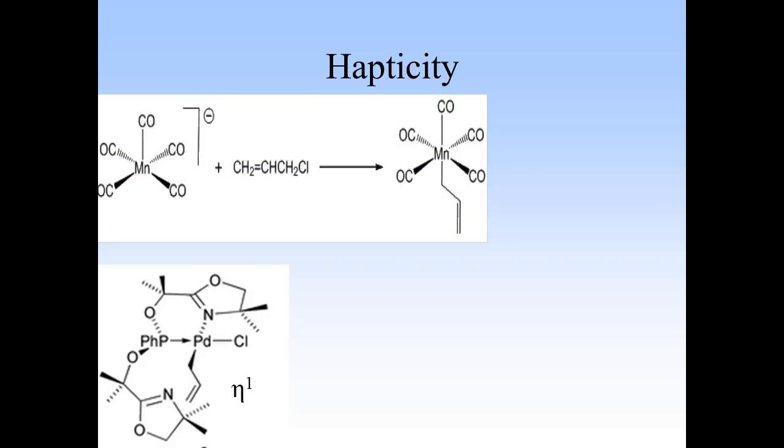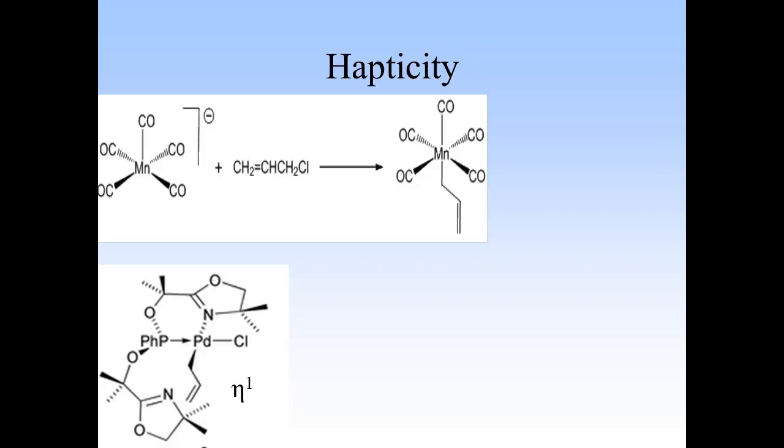So 4 different atoms. As per our definition, hapticity means the number of carbon atoms of an organic moiety linked with the metal. Therefore, in this compound, palladium is bonded with only one carbon of the organic moiety. Therefore, we call this H1 or eta 1. So eta 1 means only one carbon is attached to the palladium.